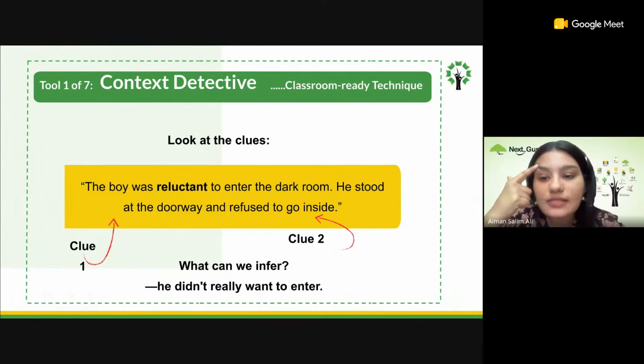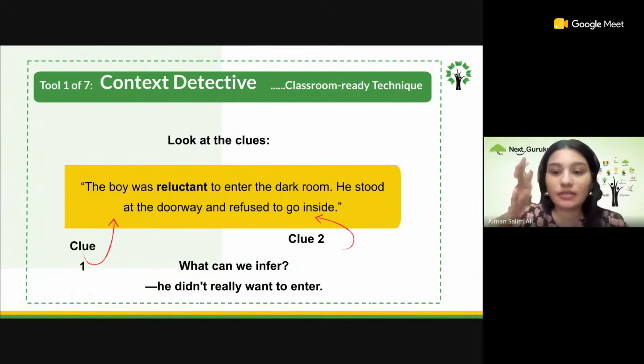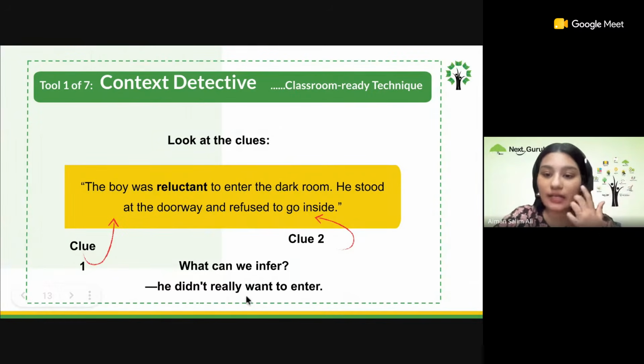Okay, then what does this infer? What can we understand from this? That maybe he's afraid to go inside, and that is why maybe he does not want to go inside. So maybe reluctant can mean somehow that he didn't really want to enter that room.